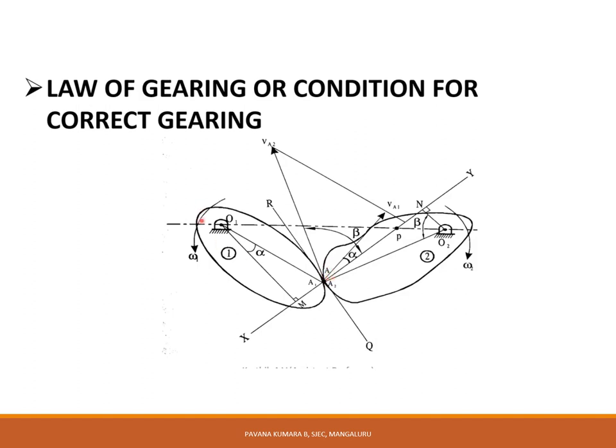The two bodies are so shaped that they produce a constant angular velocity ratio, with angular velocities denoted by omega 1 as well as omega 2.